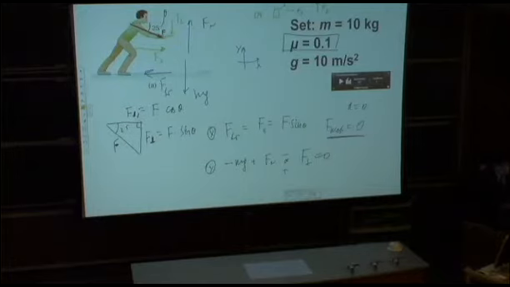So the magnitude of the force of friction also should be equal to the coefficient of friction times the normal force. And now we're done.